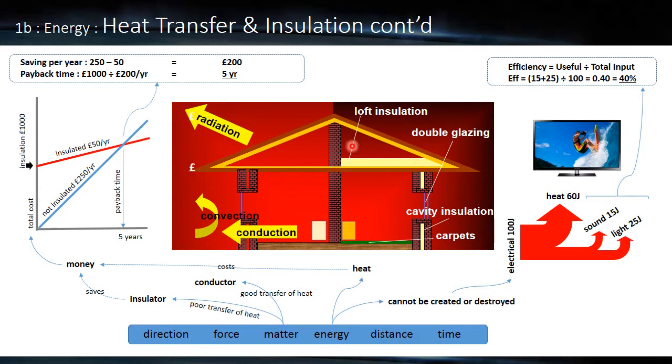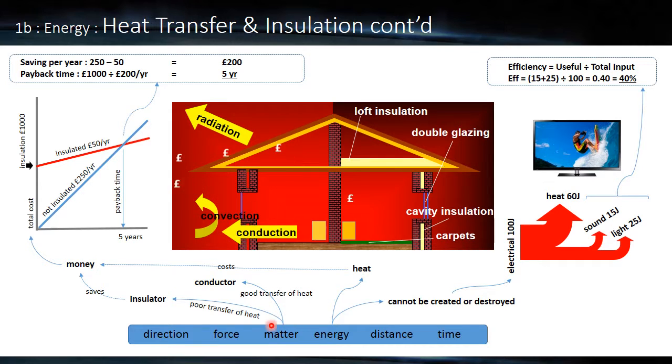So the trapped air is a very, very good insulator because we can't have convection and we can't have any or much conduction. Over here we've got some insulation, but it's kind of inherent in the building materials. We could do a lot better over here.